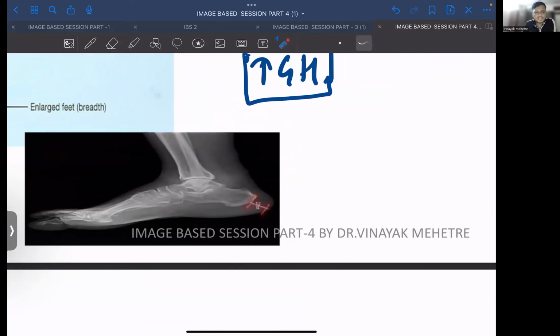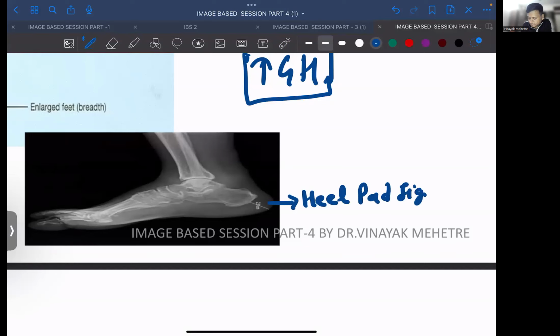This tissue size giant है ना, हाइपरट्रॉफी हुई है स्किन की, the tissue size of the heel will be increased. इसी को हम क्या बोलते हैं? Heel pad sign. Heel pad sign, right?